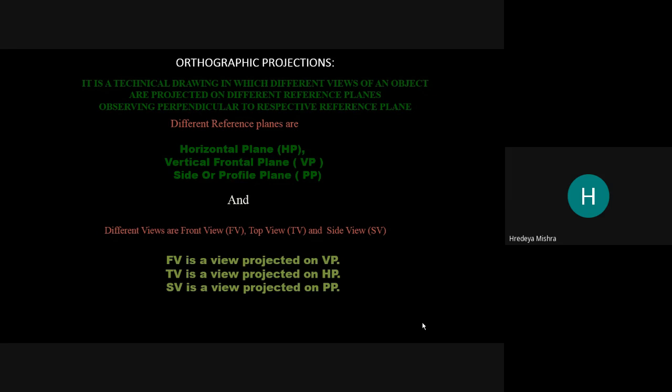So what views are we going to draw? First, front view, top view, and side view. These are the common ones. For the side view, we can draw either the left hand side view or the right hand side view.